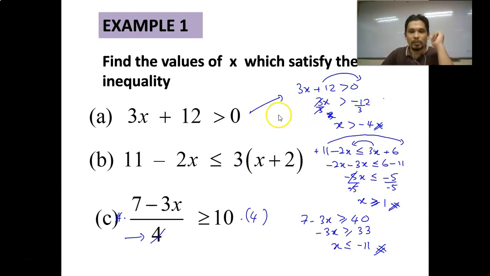Okay, so for example A, we write down in what we call solution set. Solution set with this curly bracket of x is element of real numbers, and x greater than -4. This is what we call writing the solution or final answer in solution set or interval form.